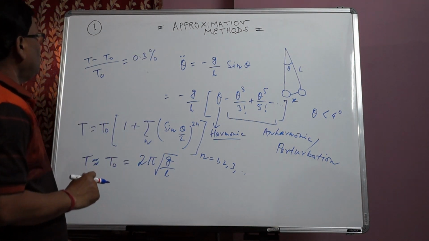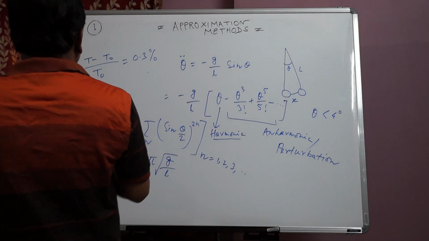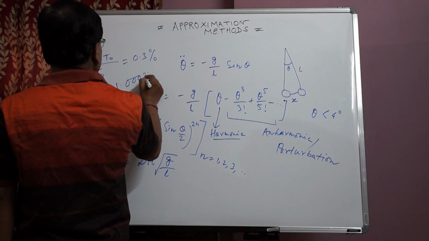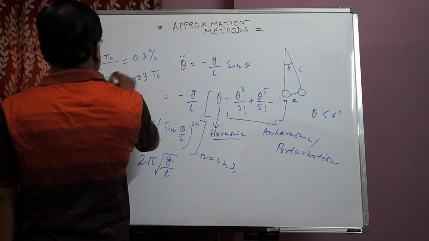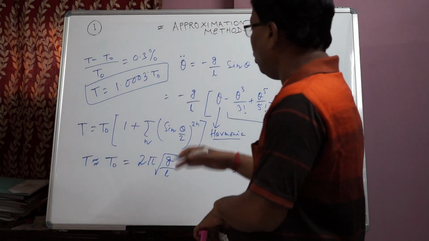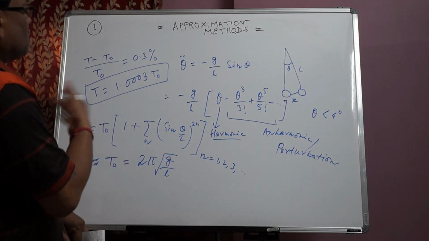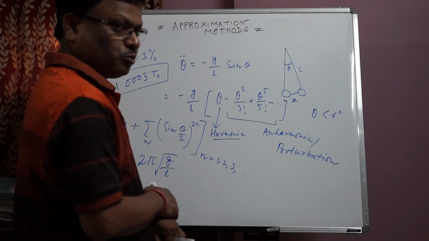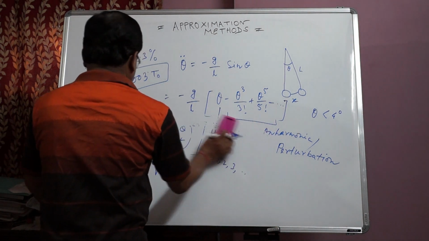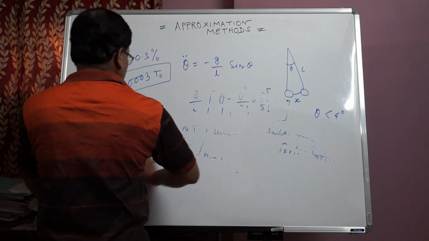That means T equals 1.003 T0. So in this case our approximation holds very good. This is another example of approximation or perturbation in the exactly solvable part.